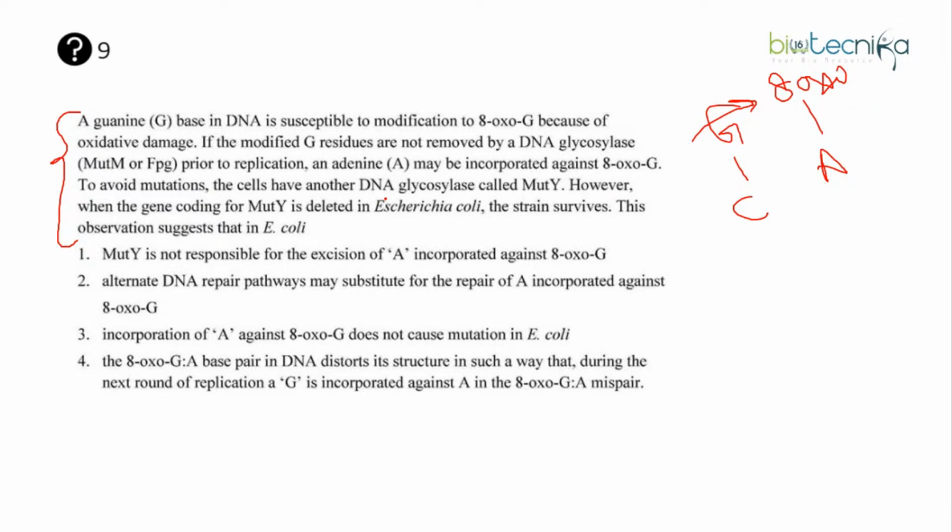There is this DNA glycosylase MUT-Y which can edit this 8-oxo guanine. But in a cell where MUT-Y is deleted, we see that instead of the cell dying, the cell is surviving. That means what could have been possible?